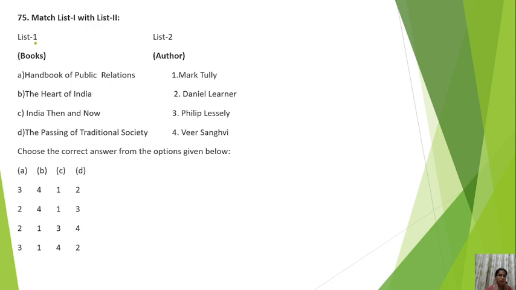So next is books and their author. Handbook of Public Relations, The Heart of India, India Then and Now, The Passing of Traditional Society. In general we do not read these books, but if you have read the Developmental Communication unit in your syllabus, then The Passing of Traditional Society is by Daniel Lerner.